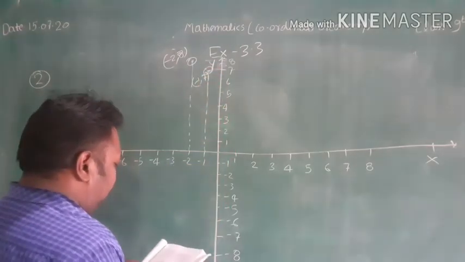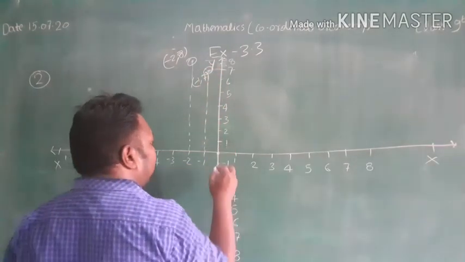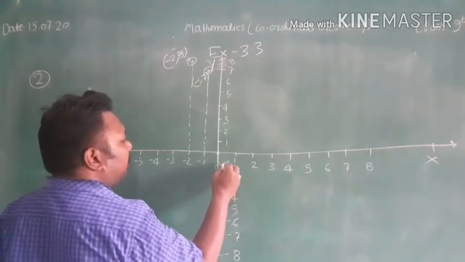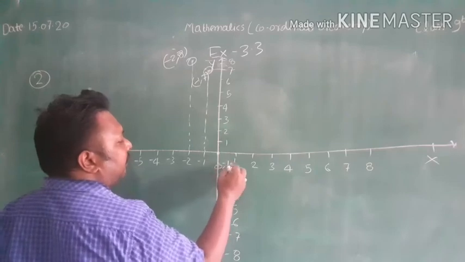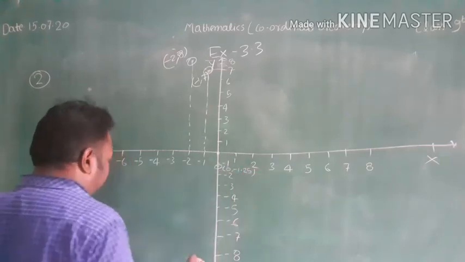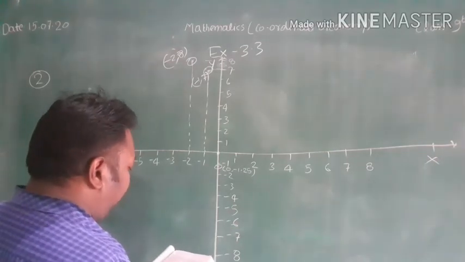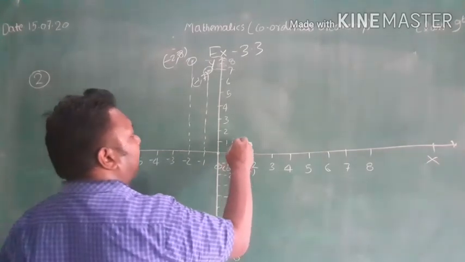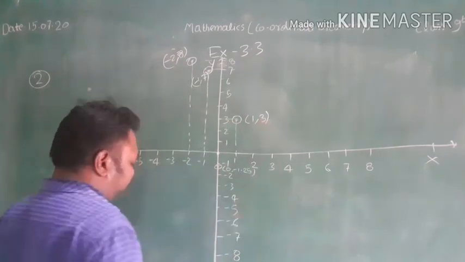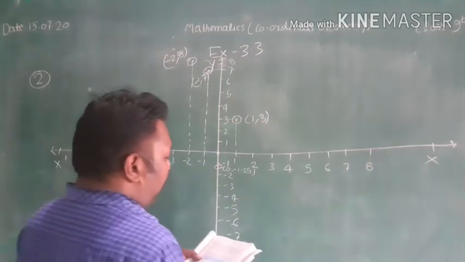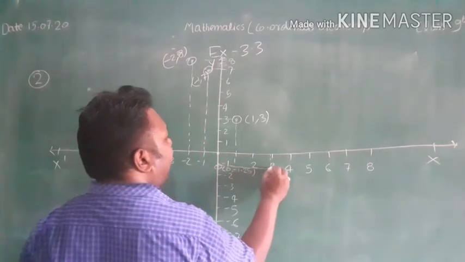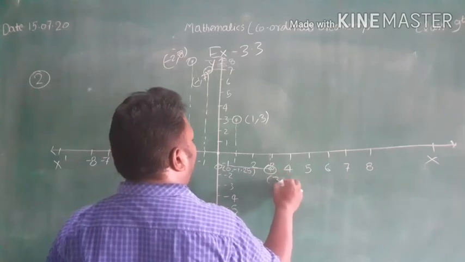Next (0, -1.25): this is -1 and 0.25, approximately one fourth of this. So we write down (0, -1.25). Next one is (1, 3), this is 1, 3. Then (3, -1), this is the coordinate of (3, -1).